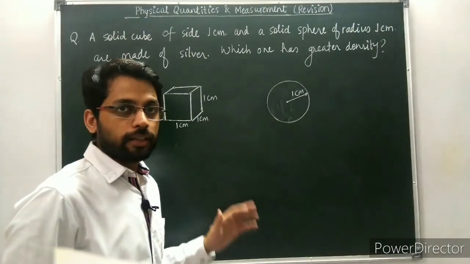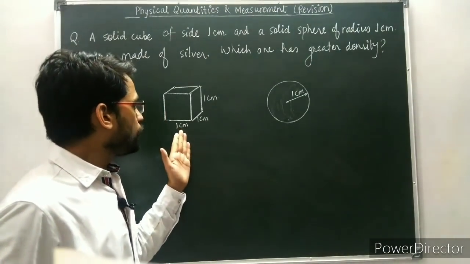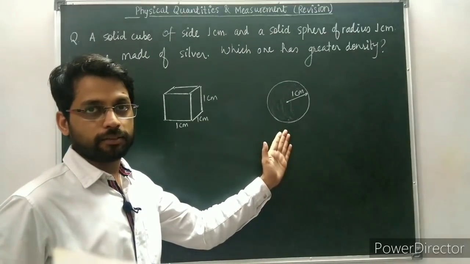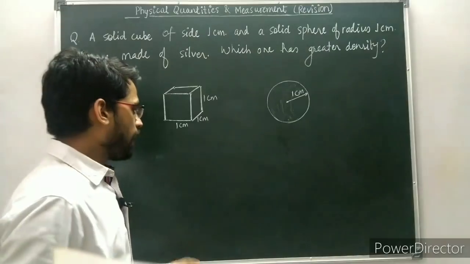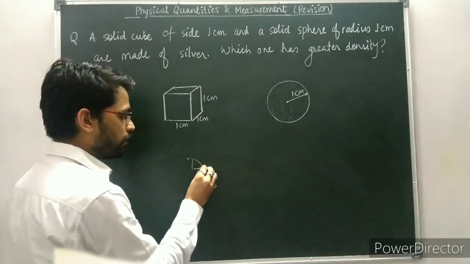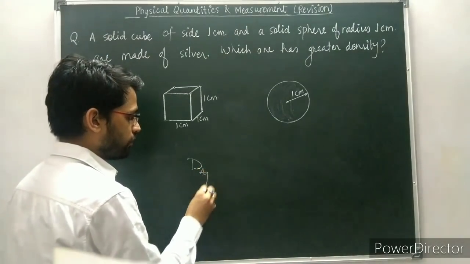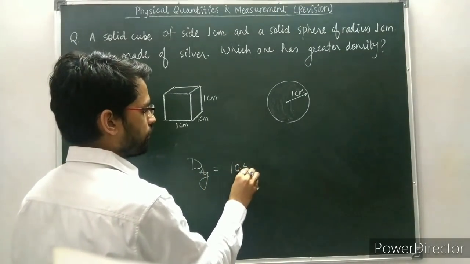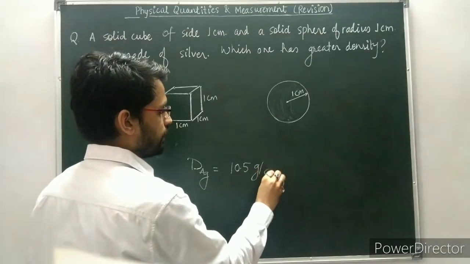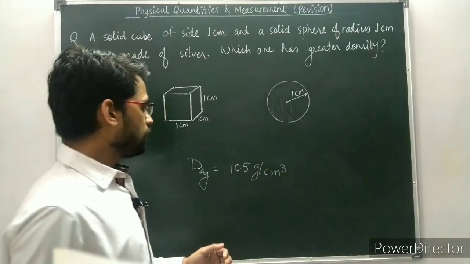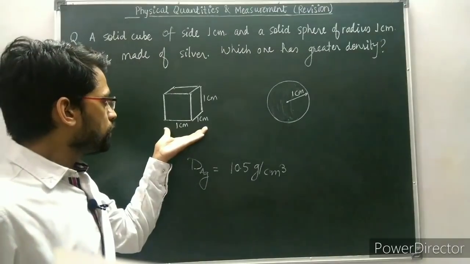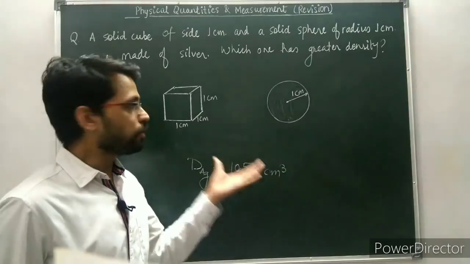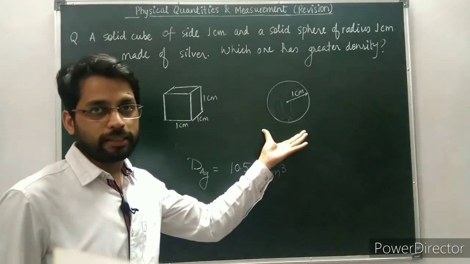Here both the cube and the sphere are made up of silver, and silver has the density of 10.5 gram per centimeter cubed. So both cube and sphere have the same density because both are made up of the same material.